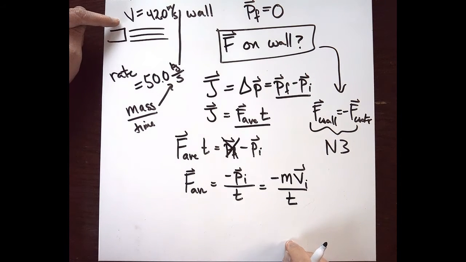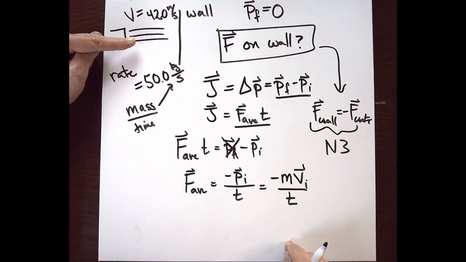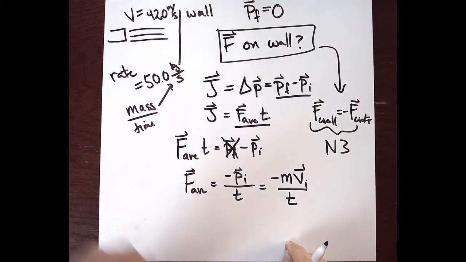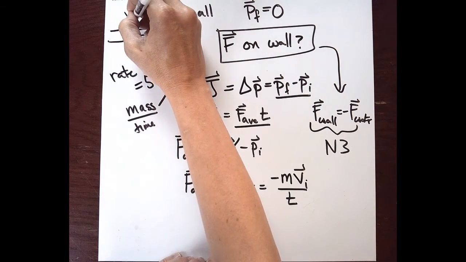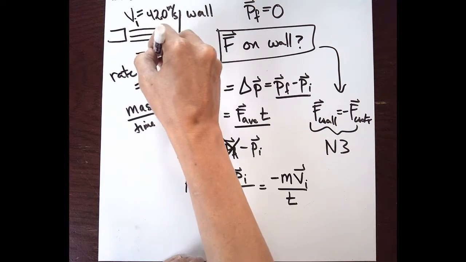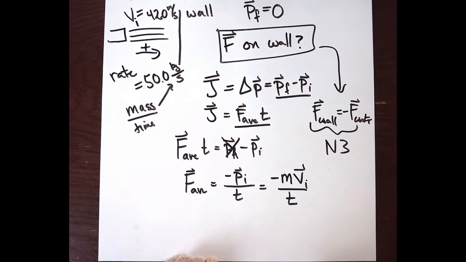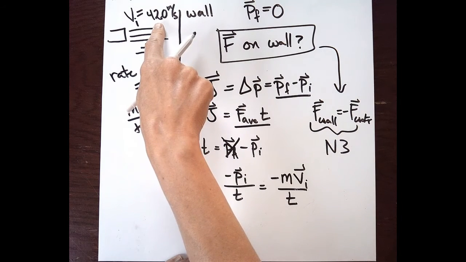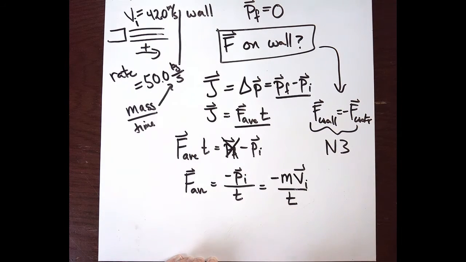And so we got the initial velocity here. That's the velocity of the water before it hits the wall. All right, so it's a vector. We've got to decide which way we want to be positive. Let's say going towards the wall is positive. So we can plug in for V_i. V_i is 42 meters per second in the positive direction, but we need mass and time.